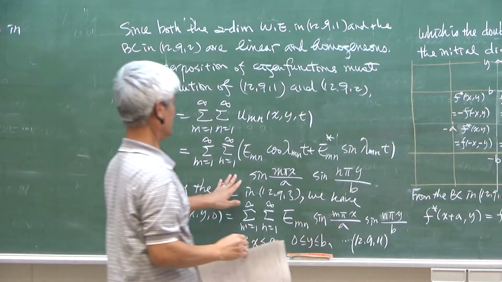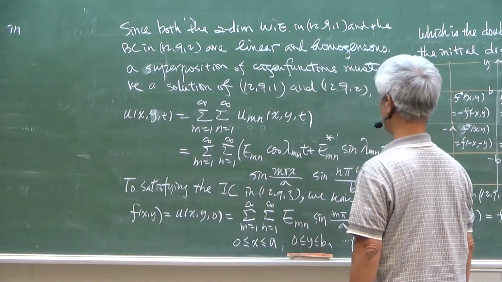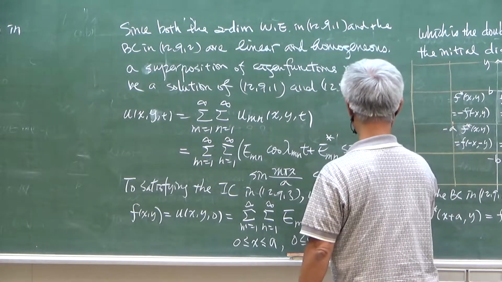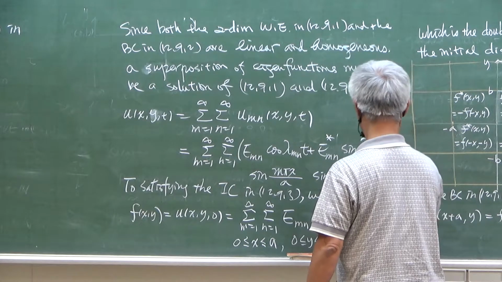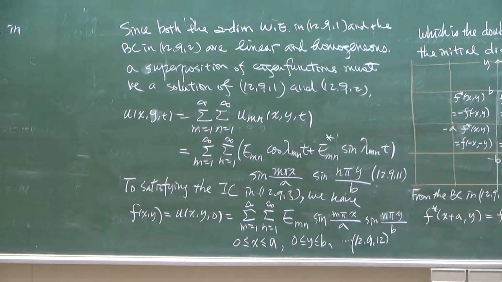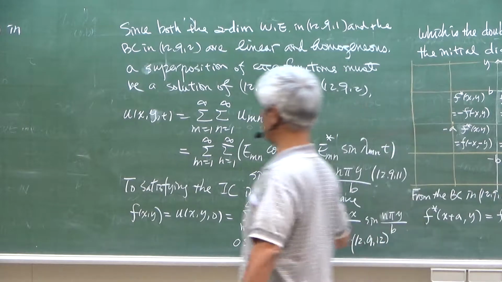Oh, I need the equation number. So I need 12.9.11. So this should be 12, I have to change. So this is 12, and this is 13, 14. Sorry about that. I need to recall this equation number.